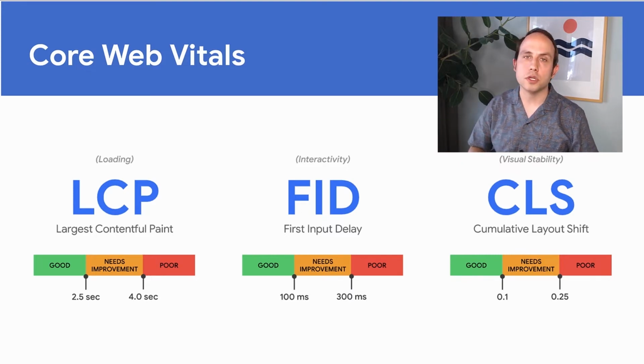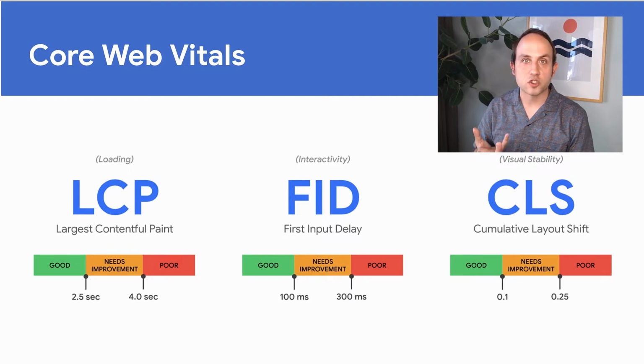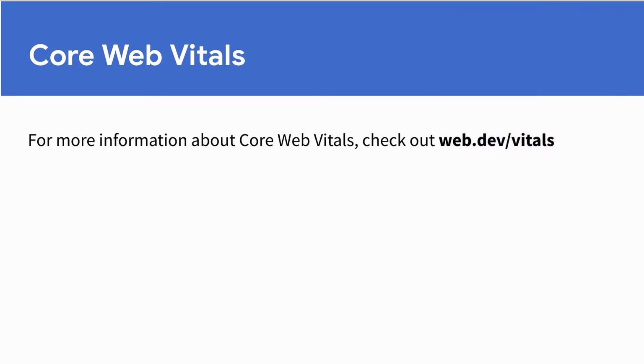And then also how much does your layout shift around as the page loads? I think that those all have a lot of bearing on what it's really like to visit a page, so improving those will really improve the user experience. I would encourage everyone to look at the Core Web Vitals for themselves. If you want to find out more information about the Core Web Vitals, you can go to web.dev/vitals.